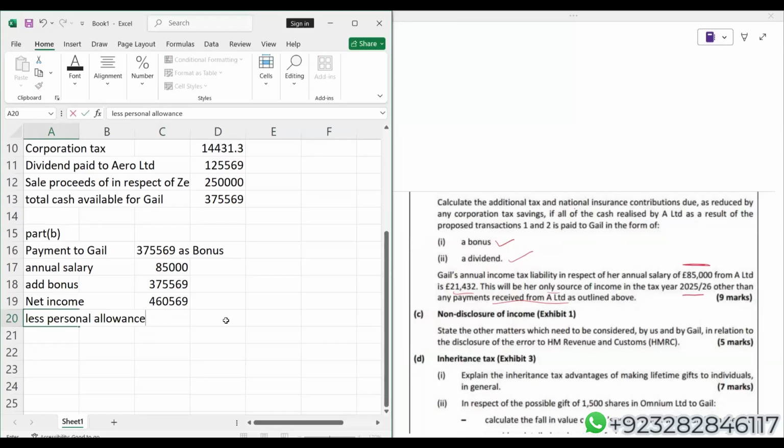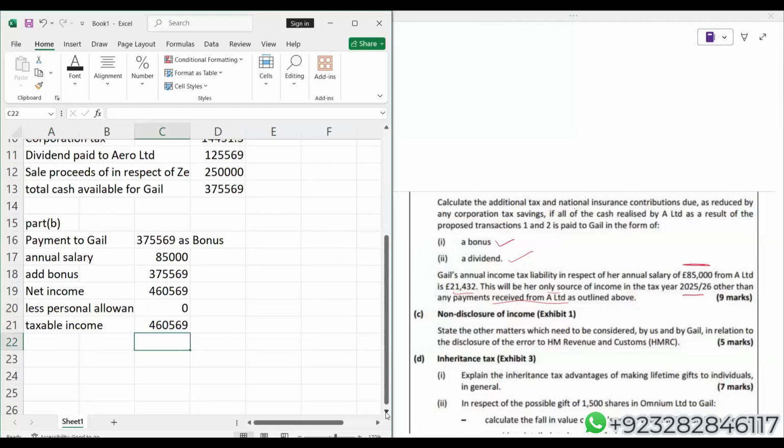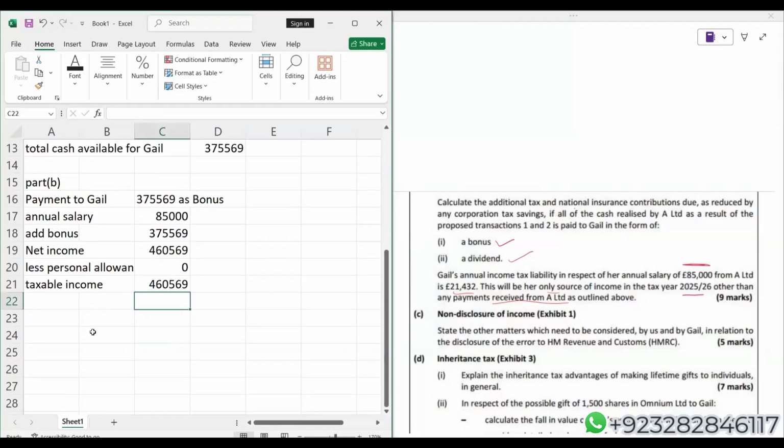Even though the personal allowance is zero, you have to show it to your examiner. If you're not showing the personal allowance, then I think you will have a problem in the marks. So it's better to show. Taxable income, of course, will be the same. Now let us calculate income tax.